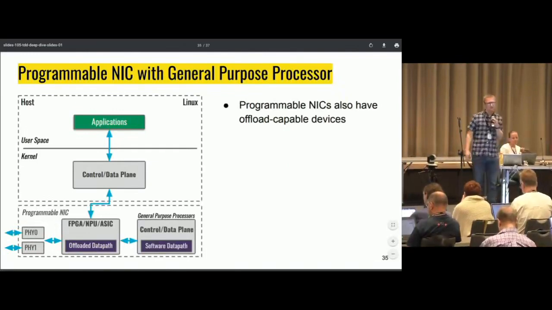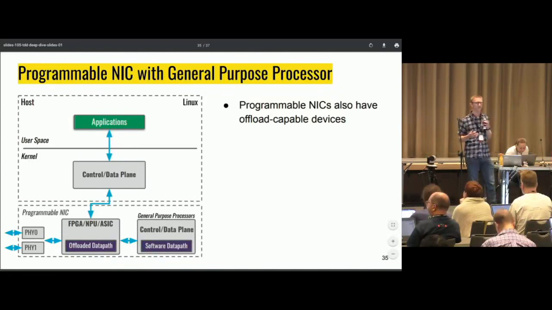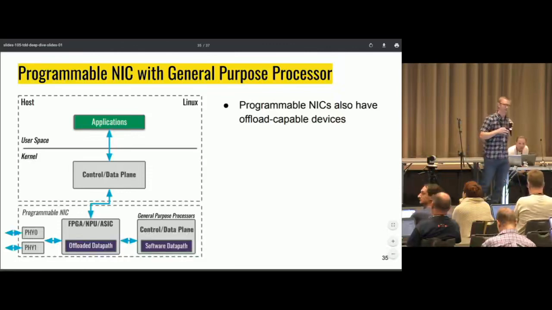And the reality, too, here, and it doesn't get any more recursive than this, I promise, is that the programmable NICs also have offload-capable devices. These things are all being put on the same die, so you'll have a control and a data plane and a fixed function device that's all embedded down. But like I said, I promise that offloaded data path on the fixed function device doesn't also contain another general purpose processor and another one on down.